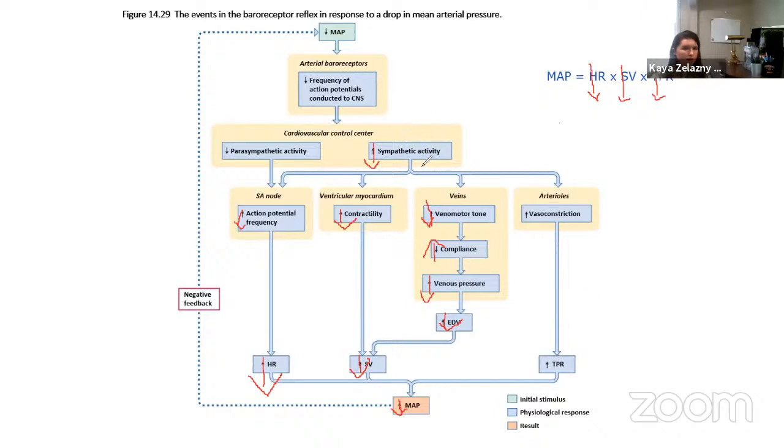When easing off, we don't have that norepinephrine floating around anymore, so we're not going to have the same state of vasoconstriction. That's the way we should be thinking about questions when we're thinking about what affects MAP. I want you to have this understanding in your head. You don't have to have this exact flow chart memorized, but we're trying to get to how any changes affect these three factors at the bottom: heart rate, stroke volume, and TPR.